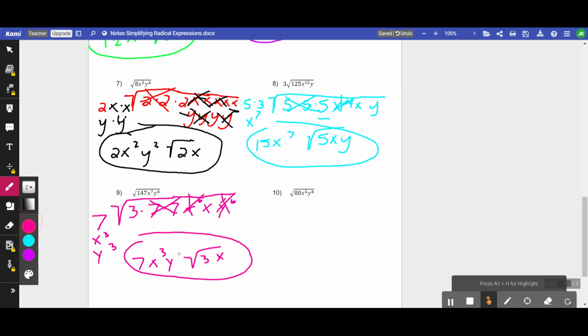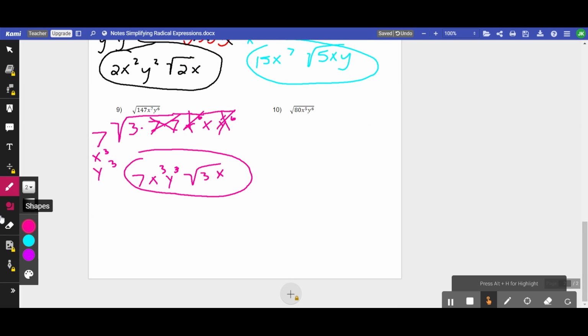I'm just going to move this aside here. Okay, so this is y to the 3rd. And then for the last one here, you can write out the prime factorization of the 80 first. It's even, so I would divide by 2 until you can't divide the 80 by 2 anymore. So 80 divided by 2 is 40, which you can take another 2 out of because that's still even.